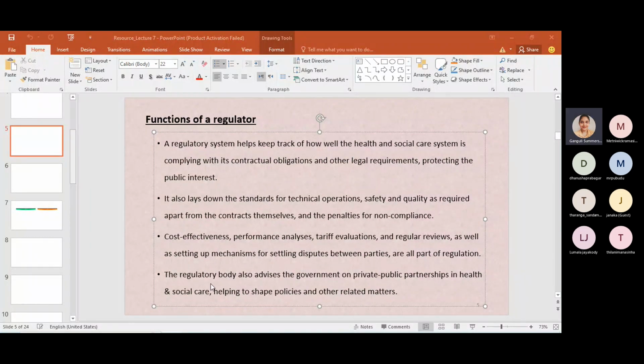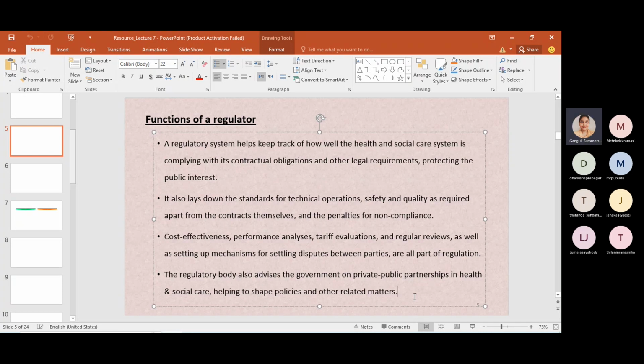The regulatory body or the regulators also advise the government on partnerships and they help to shape policies and other related matters. As I mentioned a few seconds ago, regulators advise the government to make decisions and even sometimes to make rules and policies.